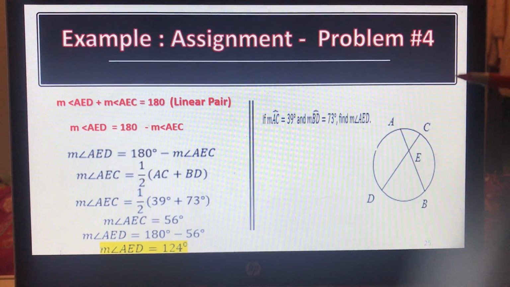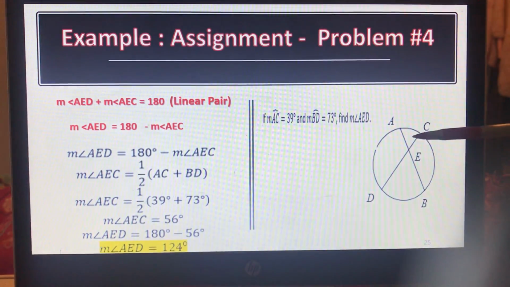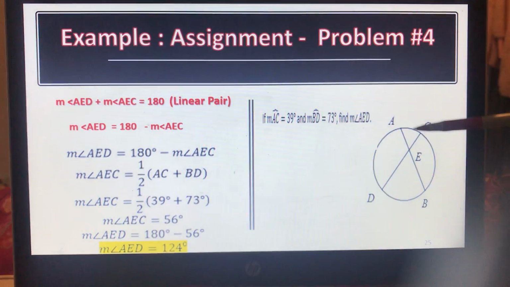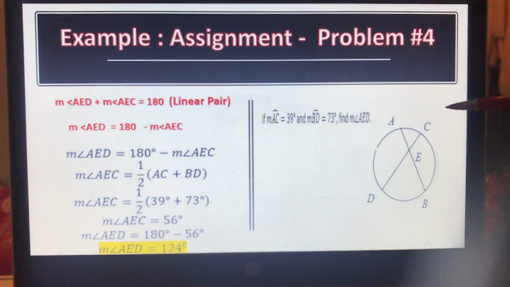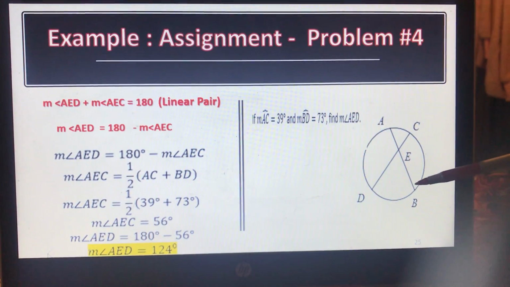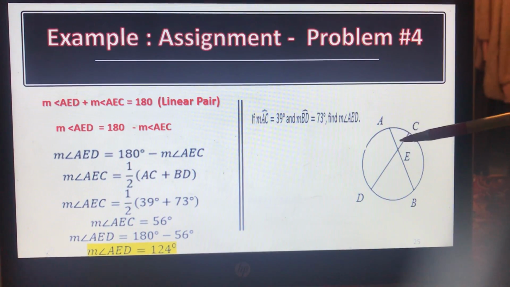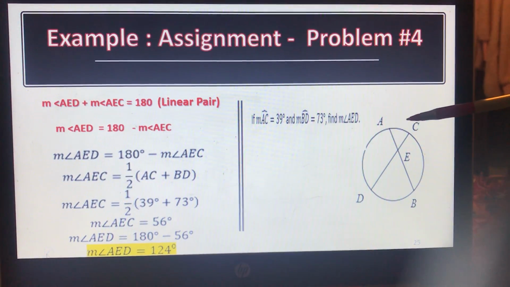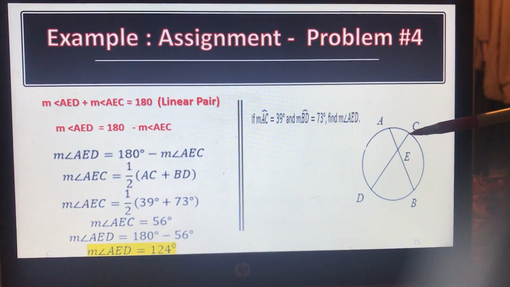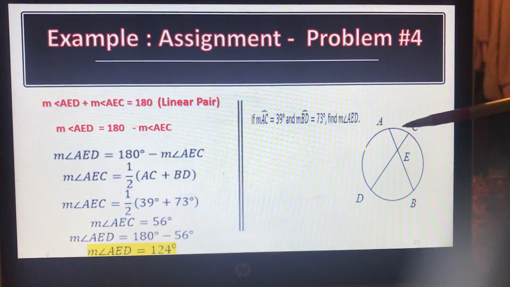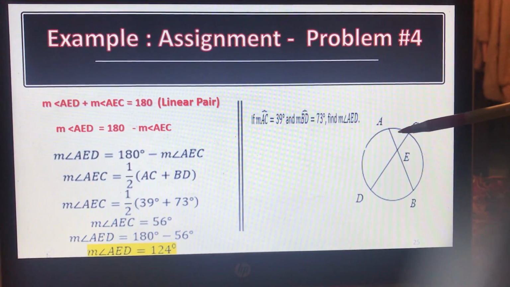But what happens here? The measure of AEC, this angle, is vertical. AEC is vertical or opposite to DEB. So that means that the measure of angle AEC is going to be equal to 1/2 of the sum of the arcs it intercepts.